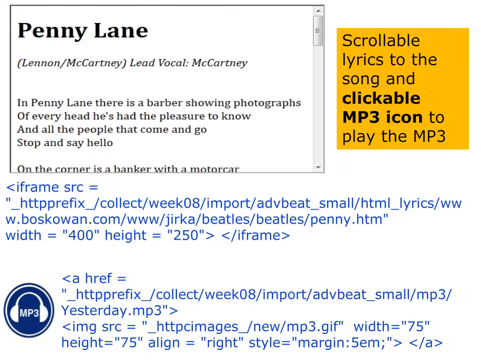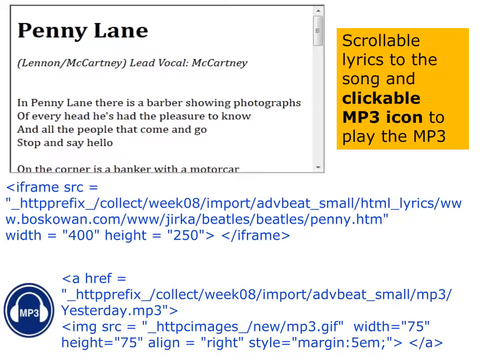Okay, so how did I get the scrollable box with the lyrics in it? I used the HTML tag iframe here, which creates a website within a website, really a page within a page. So it creates a frame. Now how did I get the lyrics? Well, the lyrics were also imported. They're in a folder in that we gathered. So the original source file is there.